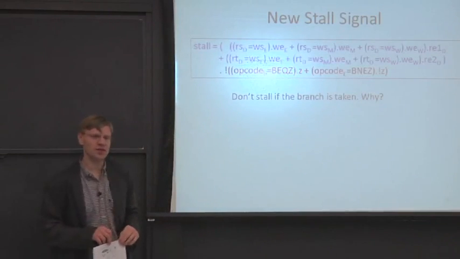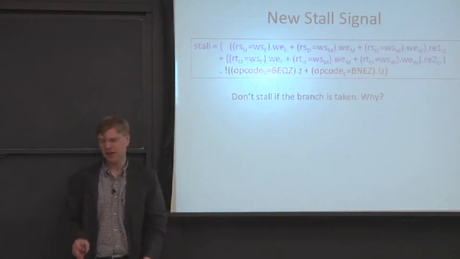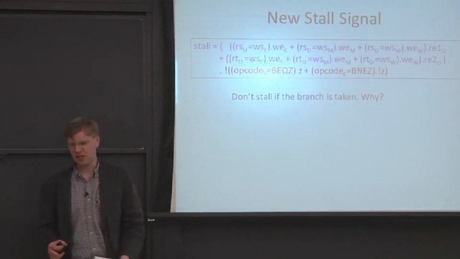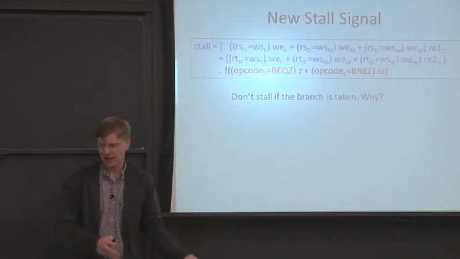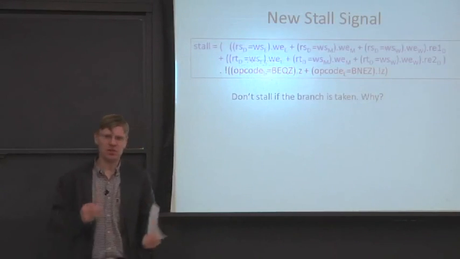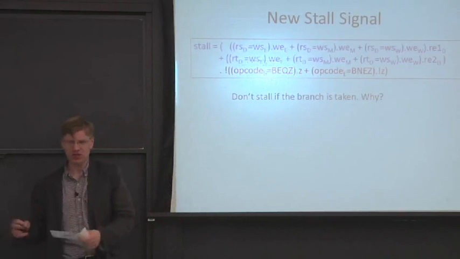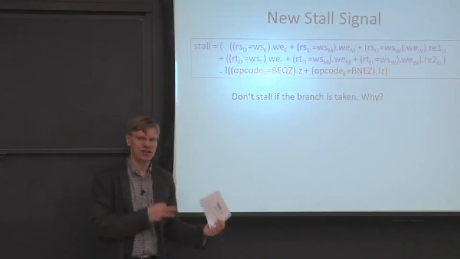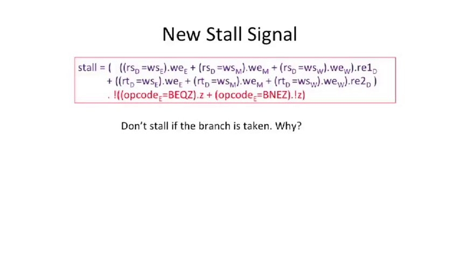These two terms are basically saying a branch is happening, it's in the execute stage, and we'll say that the branch is being taken. So if it's a branch on zero and the result is zero, it's taken, or if it's a branch not equal to zero, it's taken.